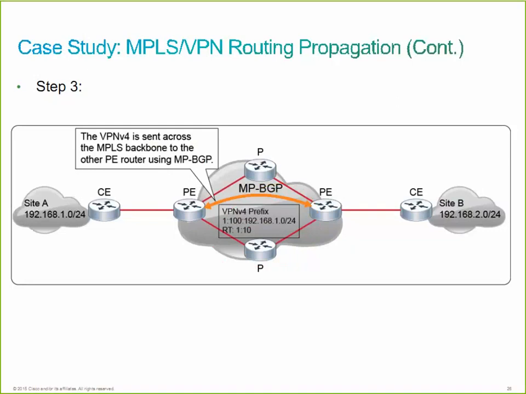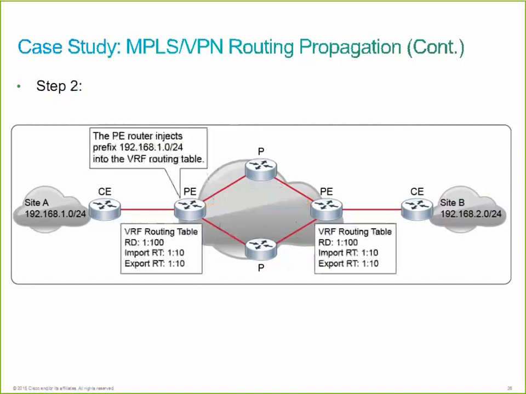And by the way, you did notice on the previous slide, you don't have to have unique import and export route targets at each location. You would for each VPN, but not for a common VPN. We have a common VPN in this case that we're sharing routes between. All right, so we're using the same RT value.